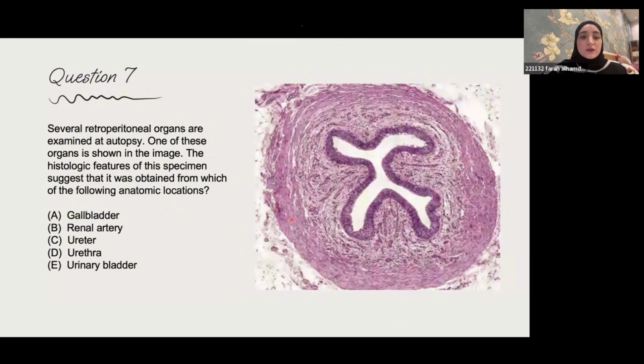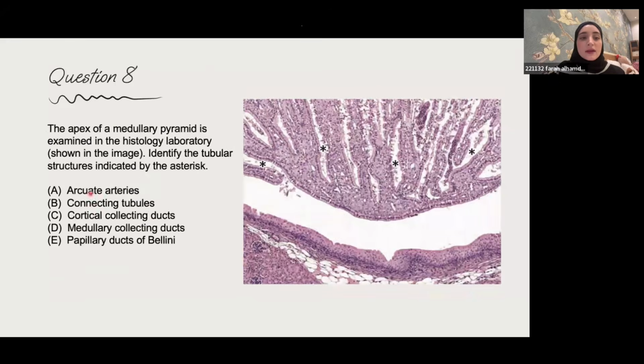Several retroperitoneal organs are examined at autopsy. One of these organs is shown in the image. The histologic features of the specimen suggest that it was obtained from which of the following anatomic locations? Yeah, this is the ureter. The apex of the medullary pyramid is examined in the histology lab.